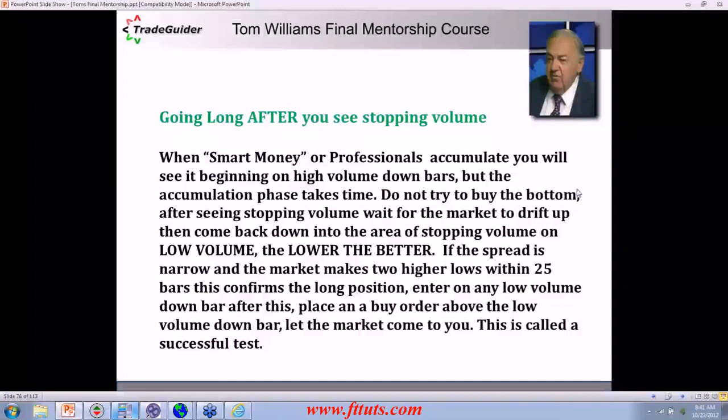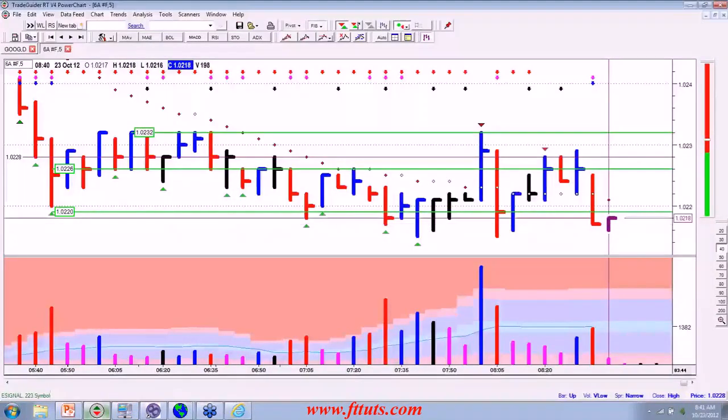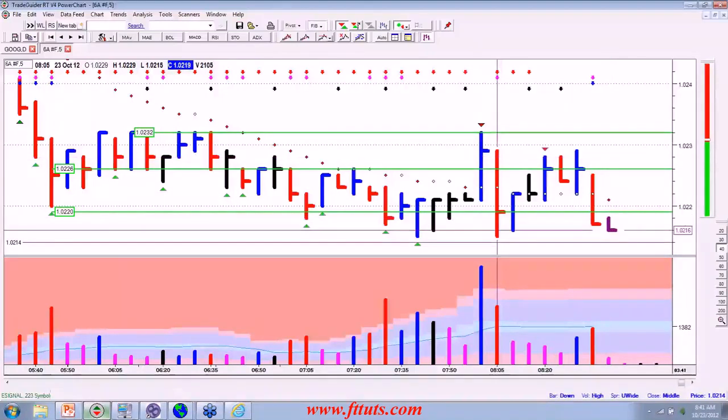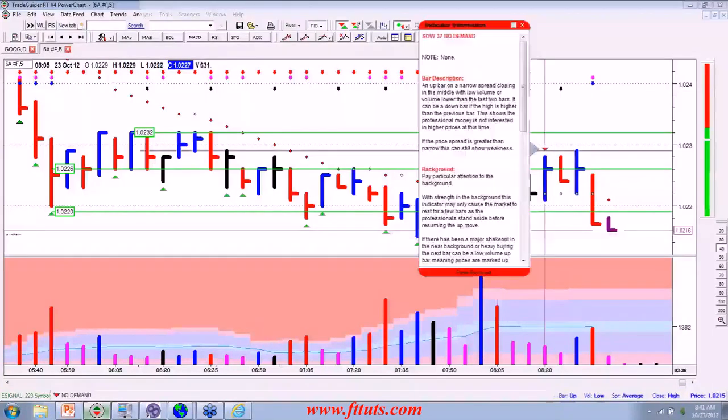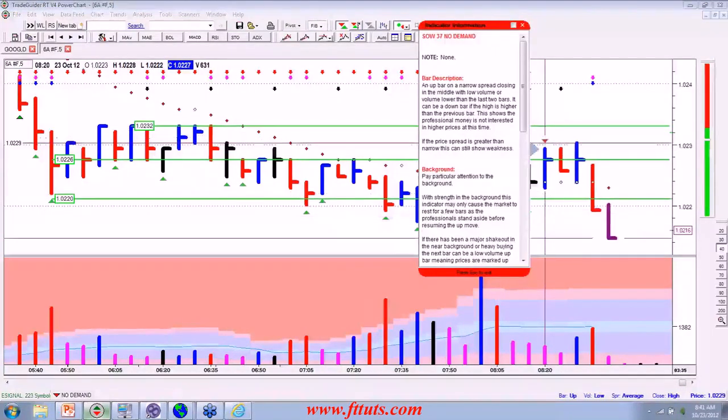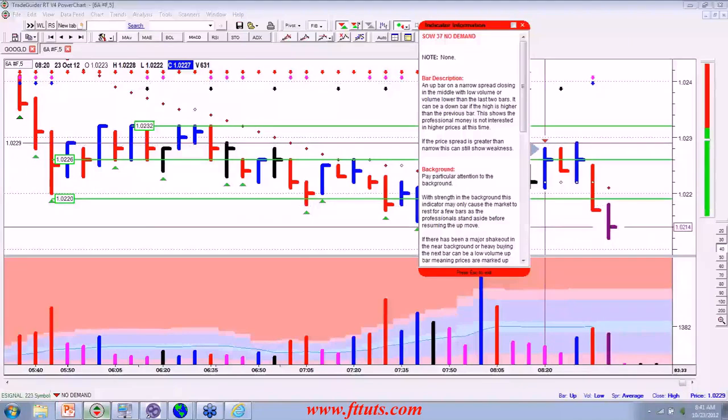Just so you know, on the Australian dollar short there, this is a key level for me. If we get down below that, this was the no demand I was looking for. So there's your no demand bar. I said my trigger was at 22, and that's exactly where I took my trade.